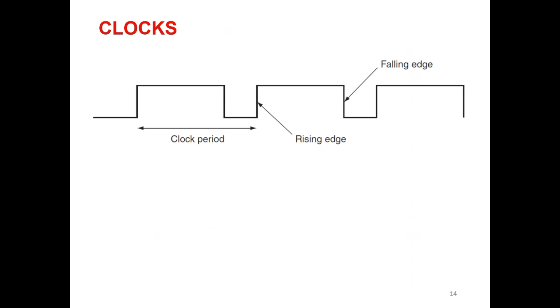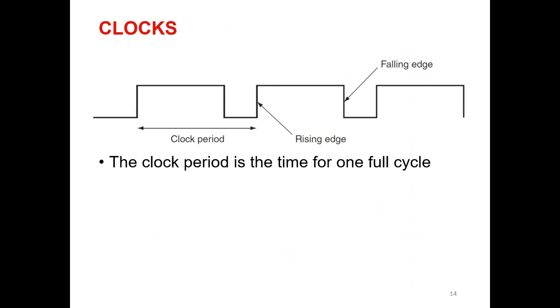Okay then. So in a clock cycle, we have seen we have the low value and we have the high value, and when we go from down to up, we call this the rising edge of the clock cycle, and when we go from up to down, we call this the falling edge of the clock cycle.